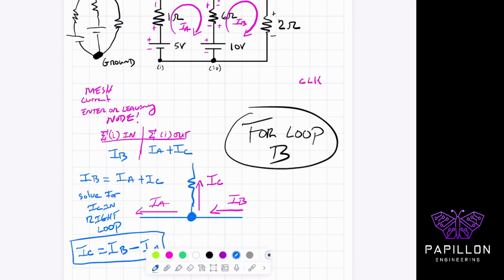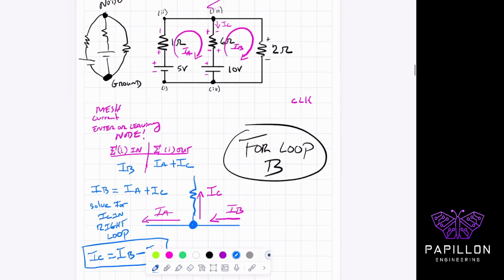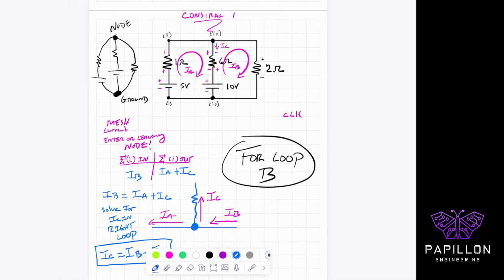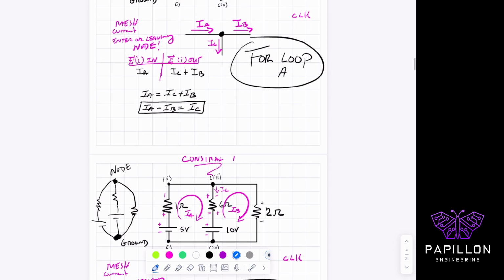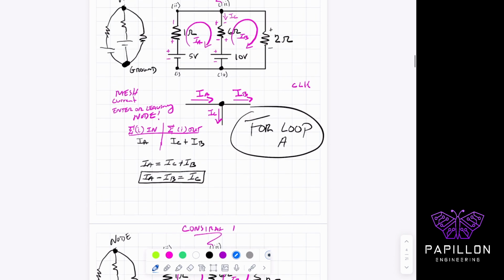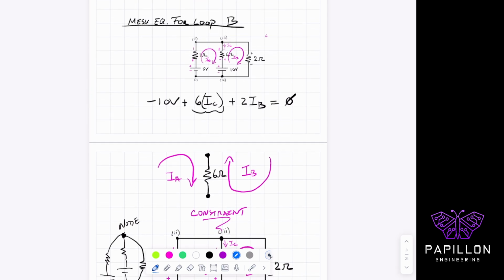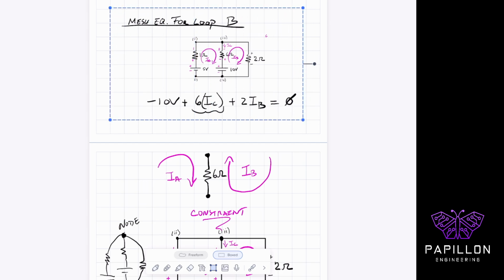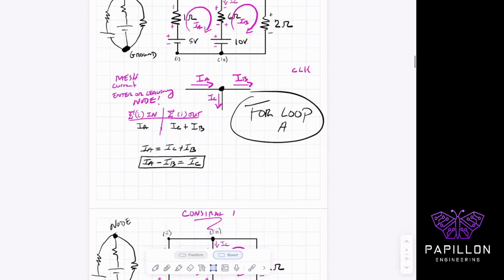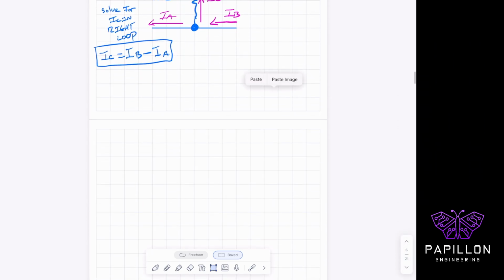There's an easier way to think about it, I hope, and we're going to try that out as well. But first, let's try to finish this problem all the way out based on what we have so far. Based on what we have so far, we have two equations, our loop 1 equation and our loop 2 equation, and we have our constraint equations that go along with it. So we copy that. I'm going to finally put everything together for you.